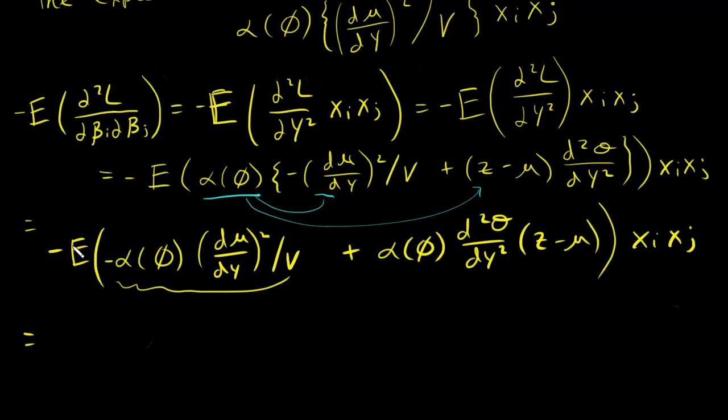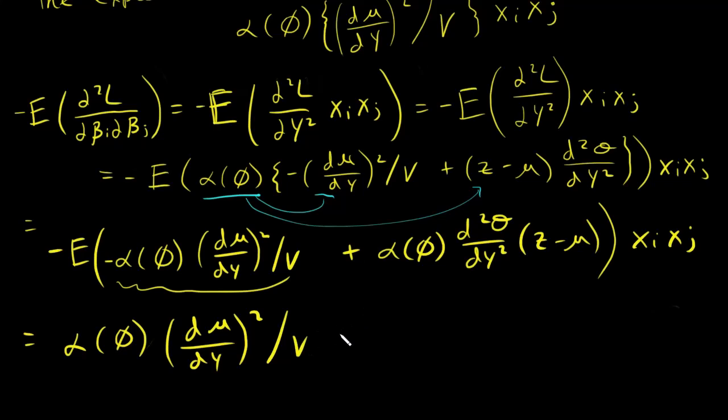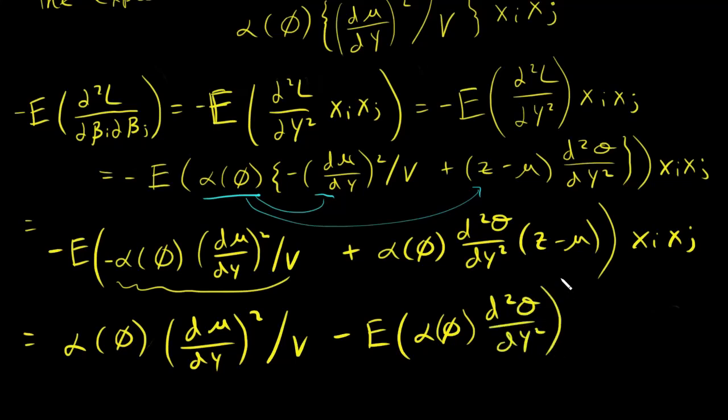Okay, and then I see those negative and negative will cancel each other, so I'll end up with alpha of phi d mu dy squared divided by v minus, okay, because I saw that negative, the expected value of all this jazz here. Okay. Oops, I closed those parentheses a little too soon. Z minus mu. Okay. Xi, xj.